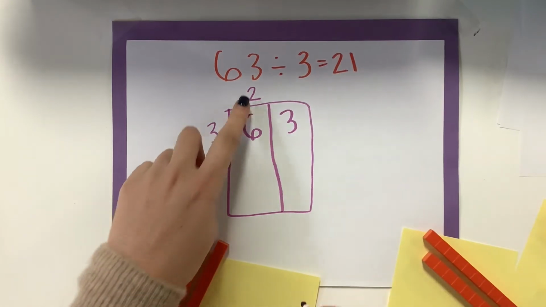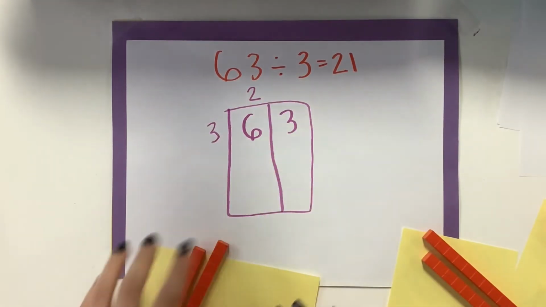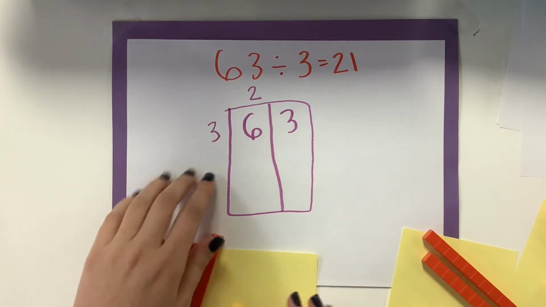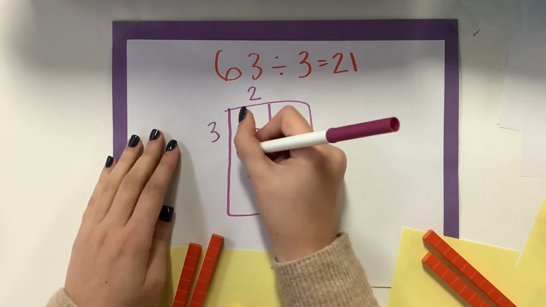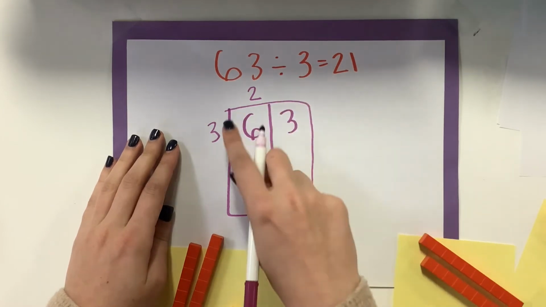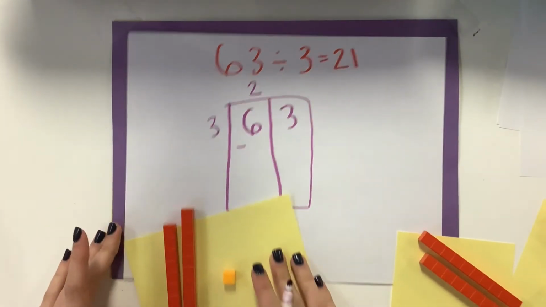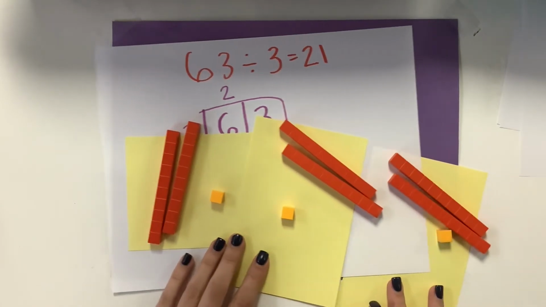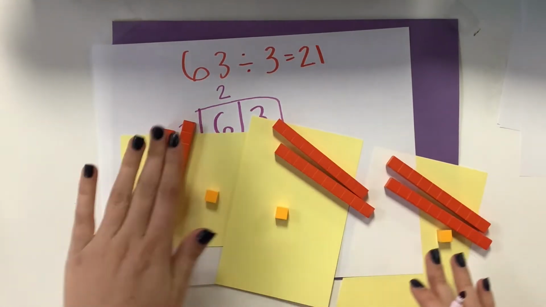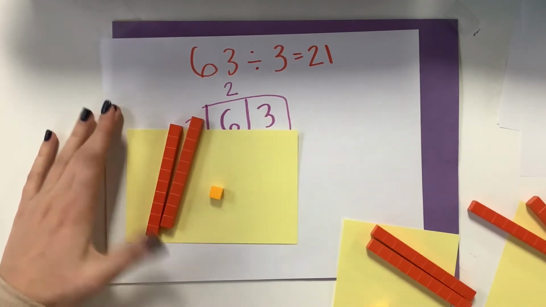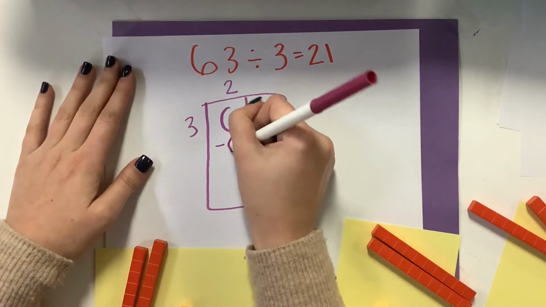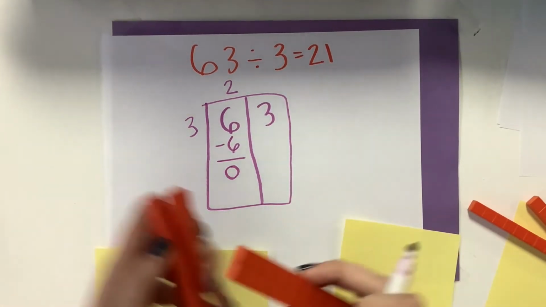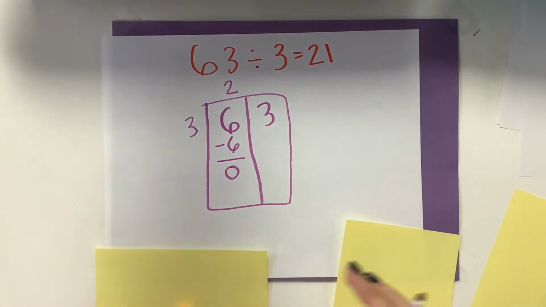So each paper got 2 10s. Did I have any 10s left? No, I didn't, because 3 cards, 1, 2, 3, times the 2 10s that I put in there was 6 10s given away. So I didn't have any 10s left once I divided those 10s.